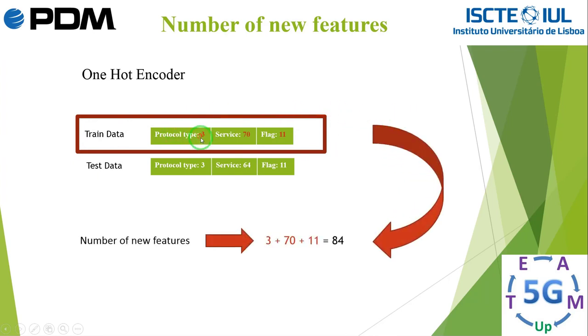So we have 3 new numerical features for protocol type, 70 for service, and 11 for flag. If we sum these 3 numbers, after we apply One Hot Encoder to these 3 categorical features, we have 84 new numerical features.